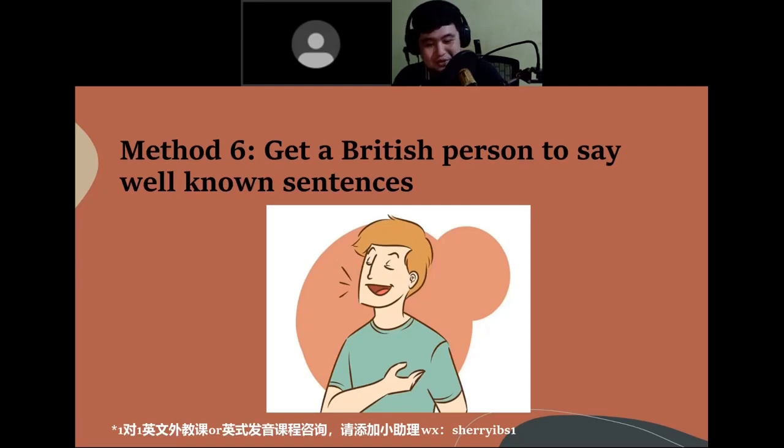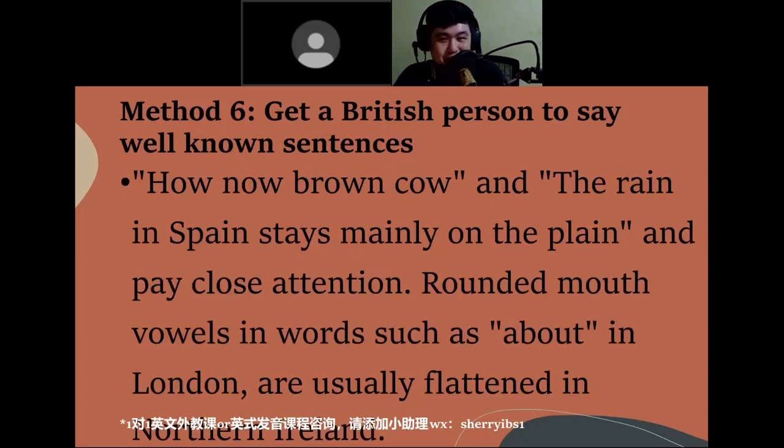Okay, so going back to our method 6. Get a British person to say well-known sentences. How now, brown cow, and the rain in Spain stays mainly on the plain. And pay close attention.